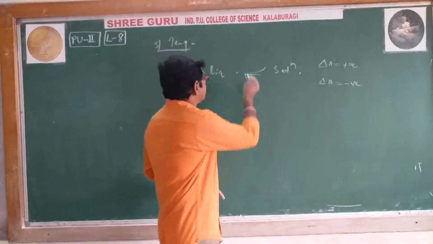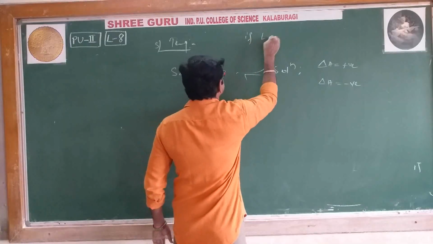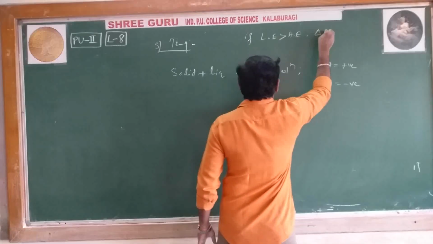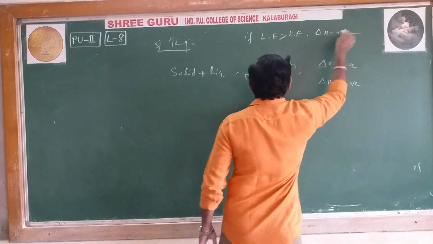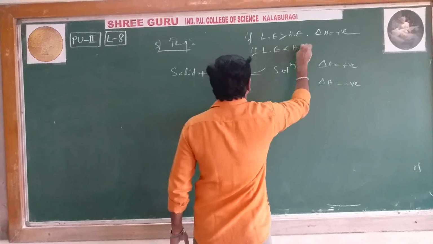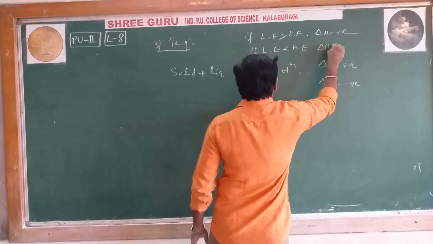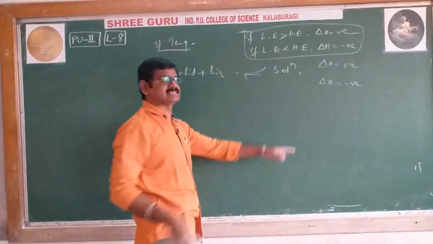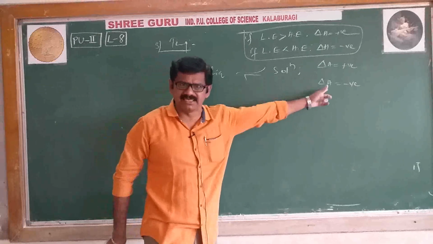If lattice enthalpy is greater than hydration enthalpy, then delta H is positive. And if lattice enthalpy is less than hydration enthalpy, delta H is negative. Based on these two conditions, anything can happen here, remember.